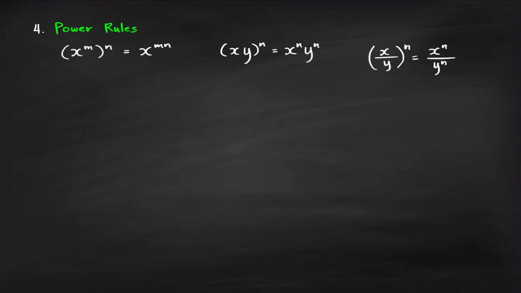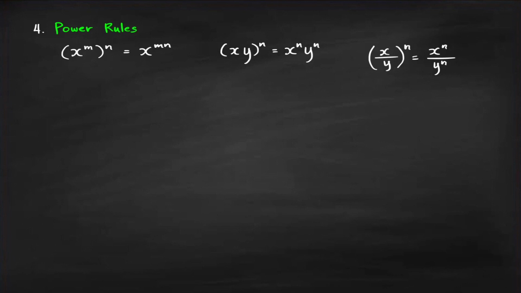It is very important to know when to add and when to multiply the powers. In the product rule, we have two exponential expressions with the same base. So it states that when you multiply like bases, you add the exponents.